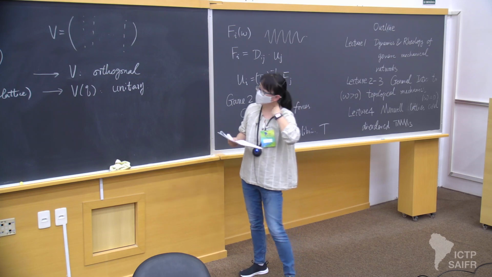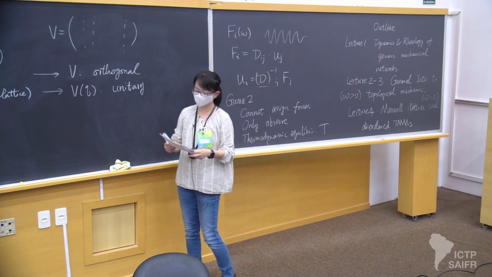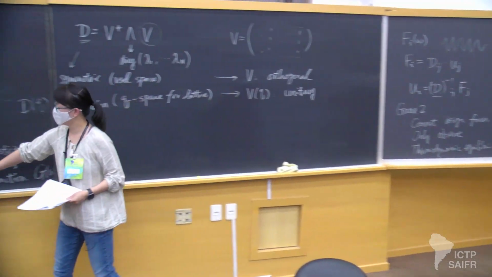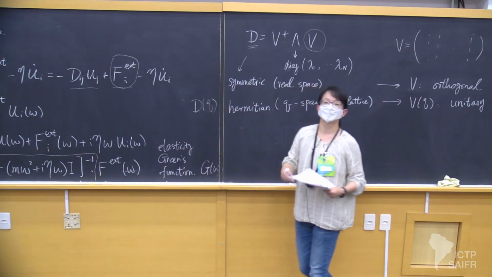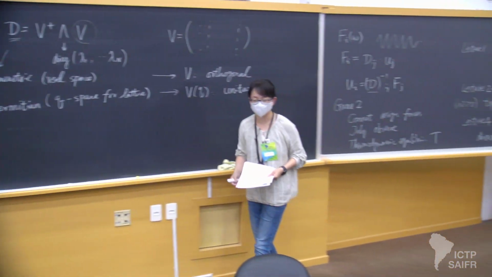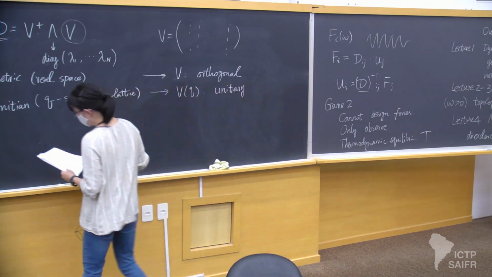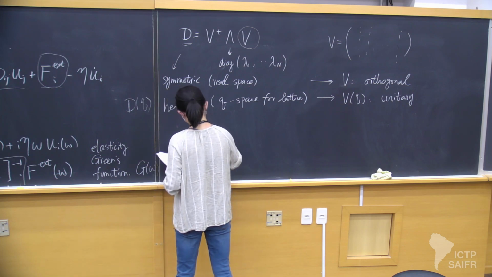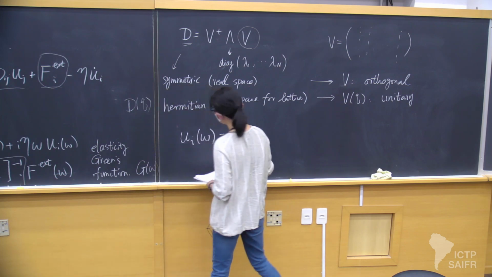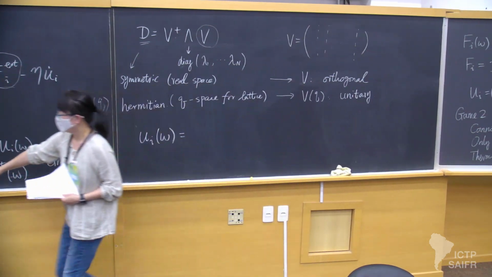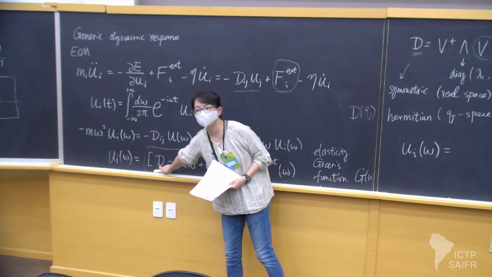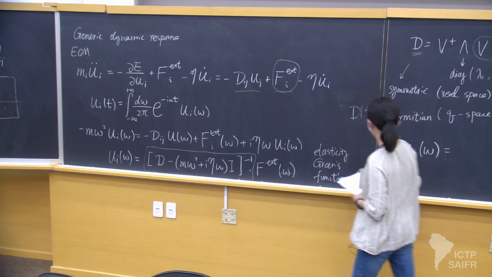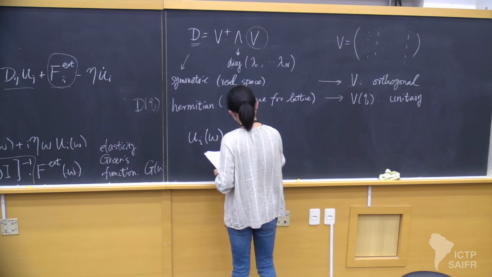Okay, so now with this decomposition, we can have a full answer to this time-dependent dynamics question, right? We have now U_i of omega. I can write this D as its eigenmode decomposition, and there are different ways to write it.